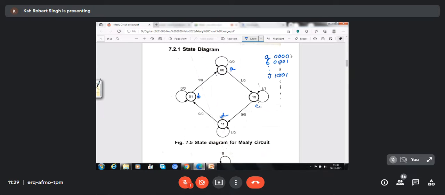That is what we have done just now in case of the decade counter. And we came to know that if I have to count from 0 to 9, I require 4 flip-flops. So I have to have 4 bits. That means 4 flip-flops. Here, in this case, you have only 4 states. So if I have only 4 states, then only 2 bits.